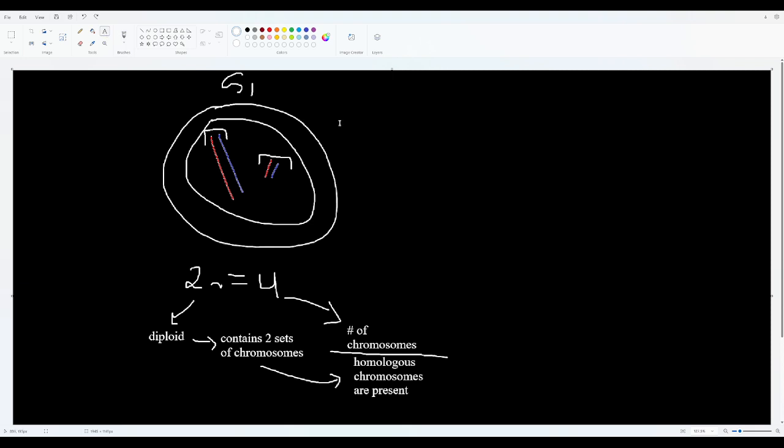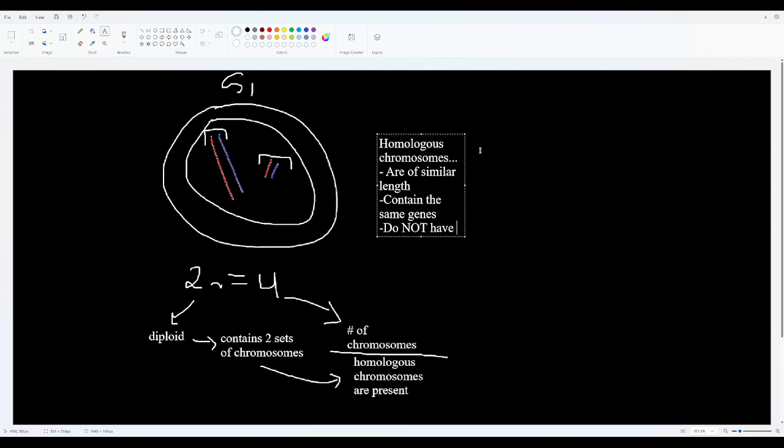So let's write it out. They are of similar length, contain the same genes, but do not have the same nucleotide sequence.